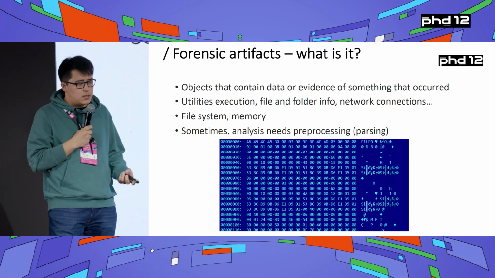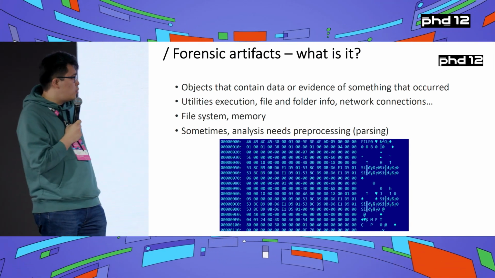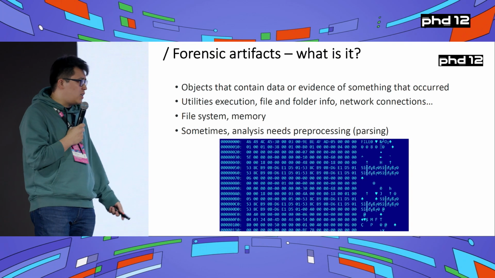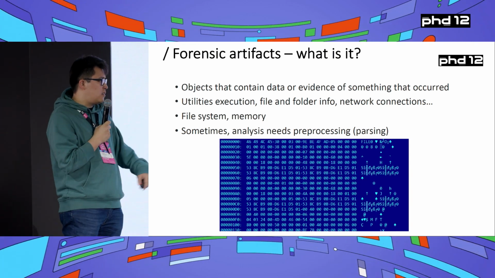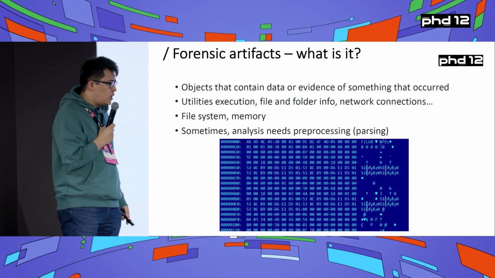The artifacts can come from a file system or from memory. They can be binary and text. Text as logs, and binary, you can have a look here.